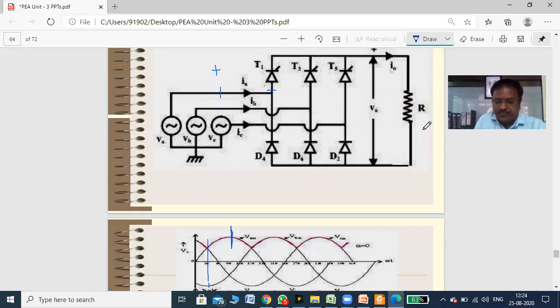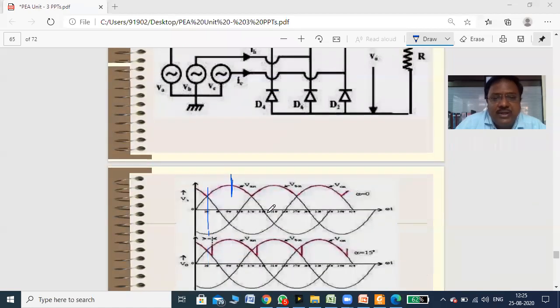So T1 and D6 are conducting at a time, because phase B is negative and phase A is becoming positive, right?